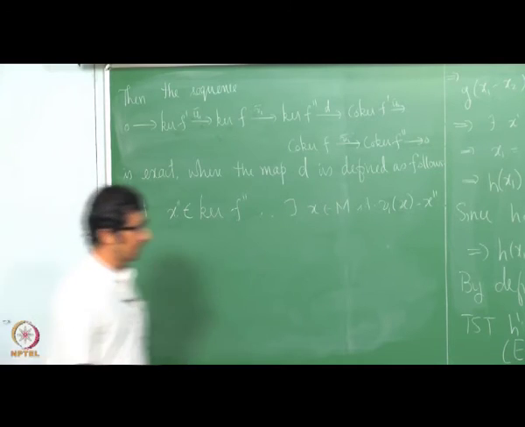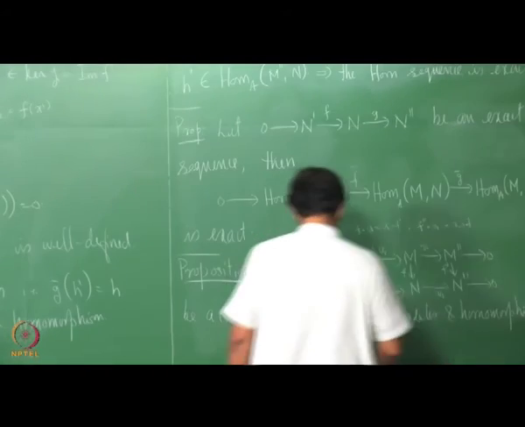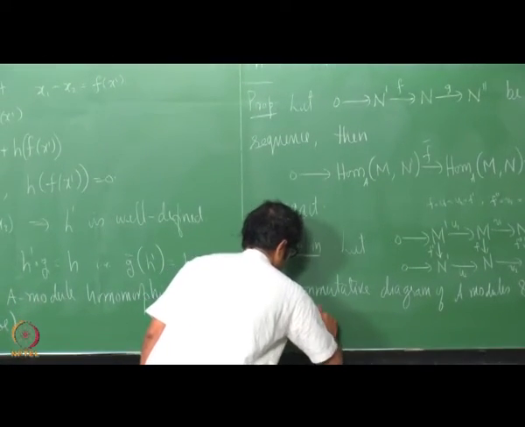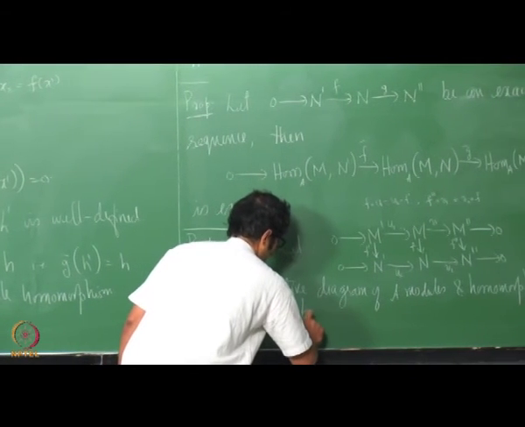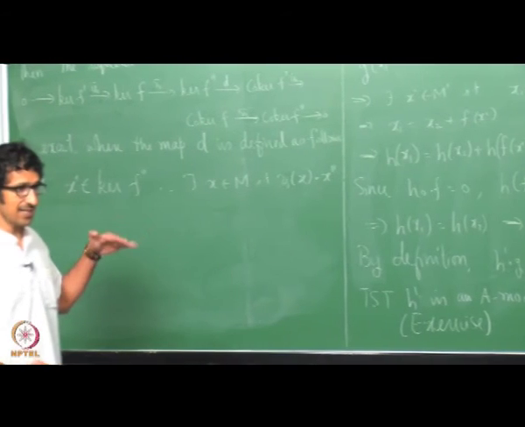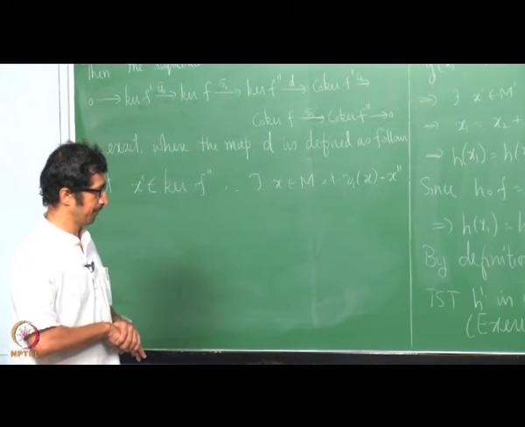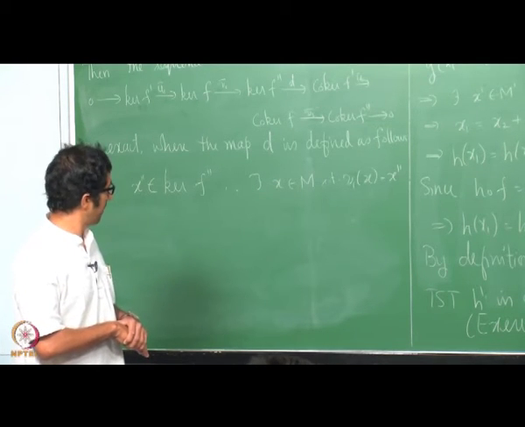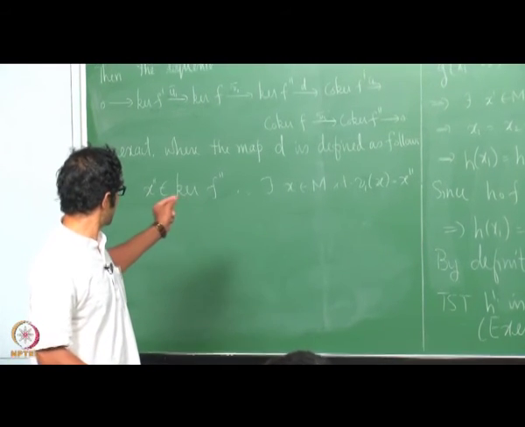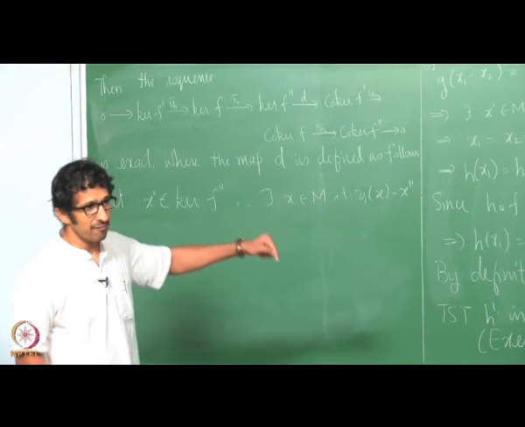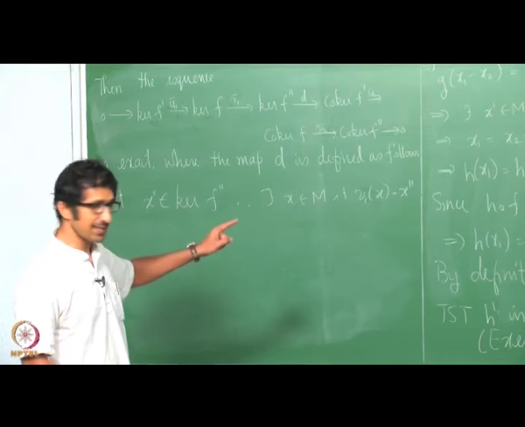This uses the surjectivity of v1. The first row, I did not say this, is a commutative diagram of A-module homomorphisms with the rows being exact. The first and second rows are exact. So, v1 is surjective, and hence given this x double prime I have an element x in m such that v1 of x is x double prime.